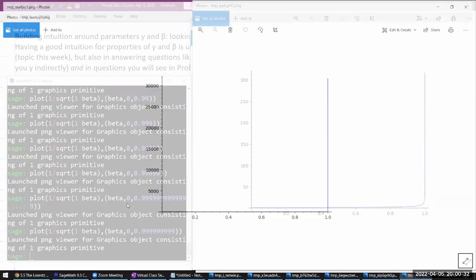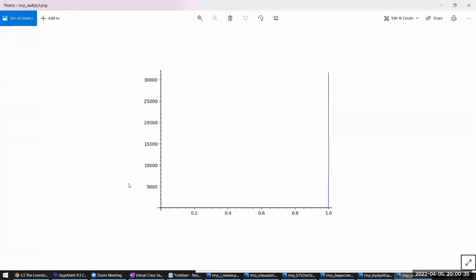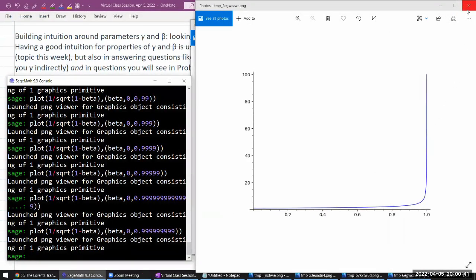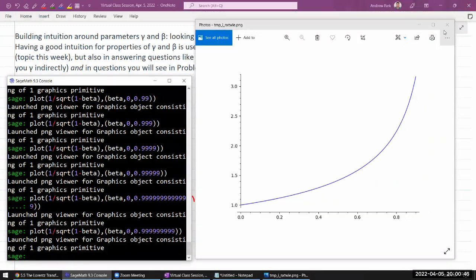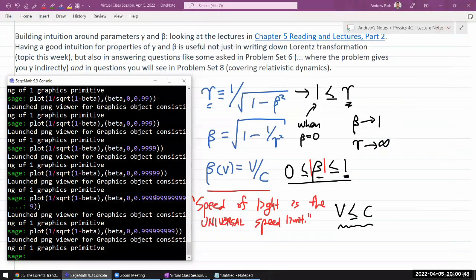So anyways, that's how gamma depends on beta, and this relationship is a bit pathological in that it's not very well behaved. Normally when you look at numbers like 0.49 and 0.59, we are used to thinking of those as basically the same number.